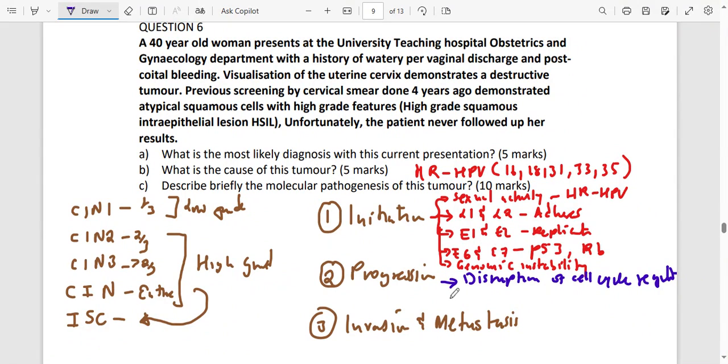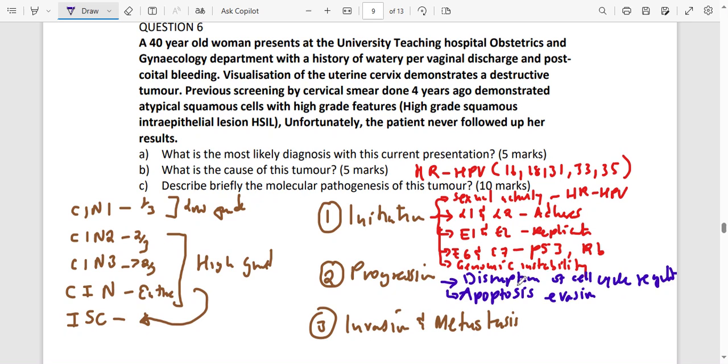And then after that, another thing that happens in progression is there is apoptosis evasion. Your immune system will be trying to kill these cells. It will not happen. But apoptosis is going to be different from the immune system.